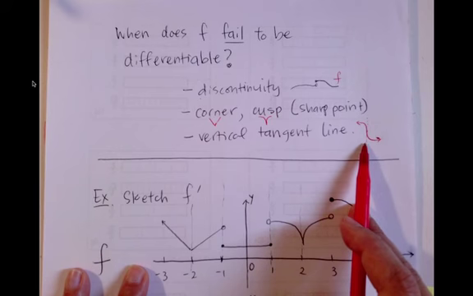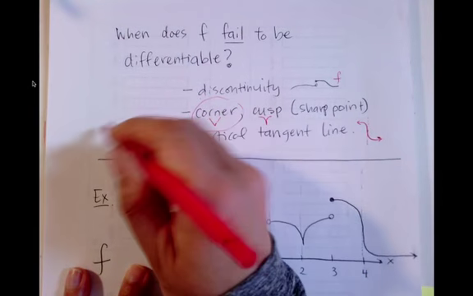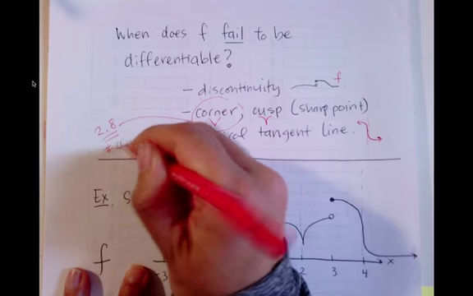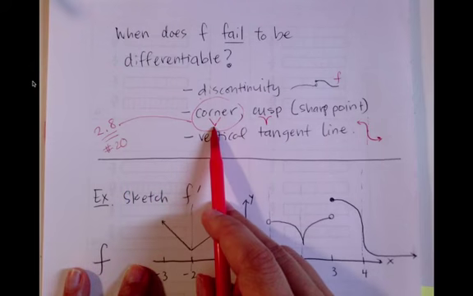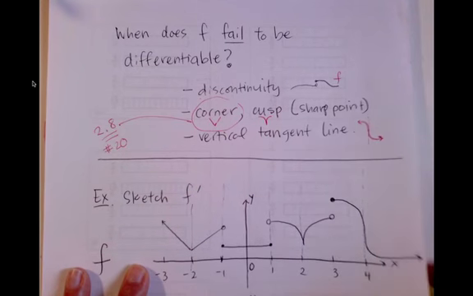In all of these cases, the derivative will not be defined. In your homework for section 2.8, I believe it's question number 20, you'll go through the absolute value function example and you'll see why the derivative fails to exist at x equals 0 for the absolute value function.